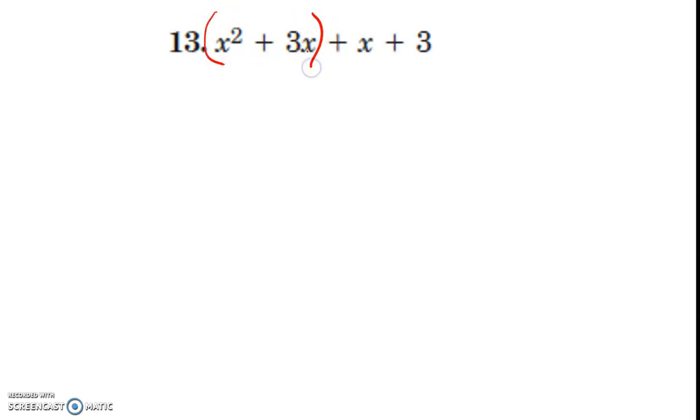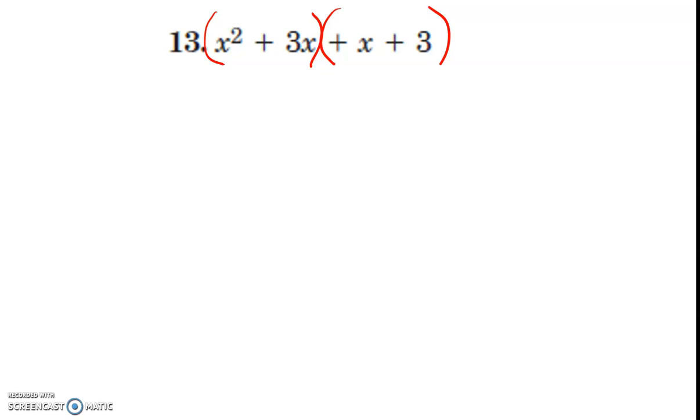So the hint here is to break the expression into two sets of parentheses. You're going to put parentheses around the first two terms and parentheses around the second two. If I could cover this slide, I would cover it and only look at the first set of parentheses.